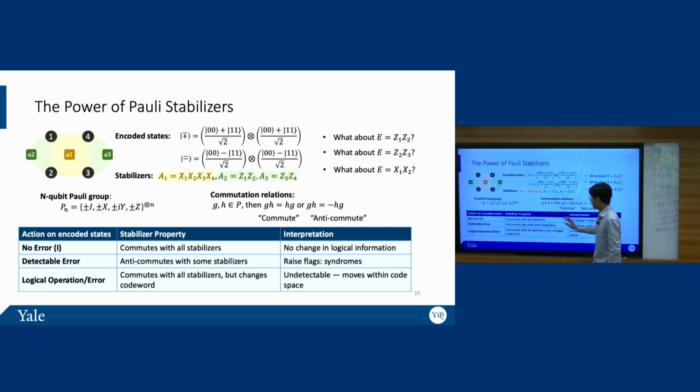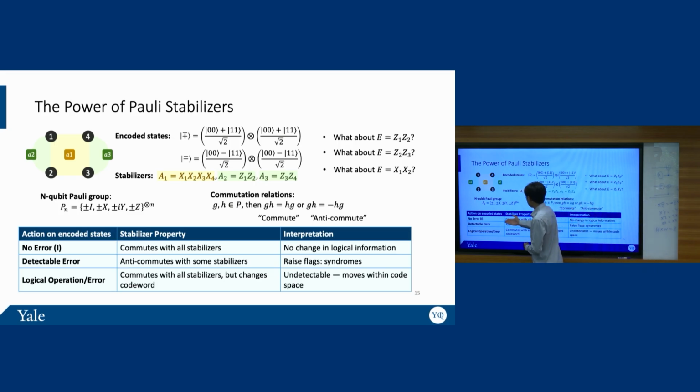So that's essentially the identity action on my encoded states. In other words, there's no error or no change in the logical information. And you can tell because this also commutes with all the stabilizers in here.